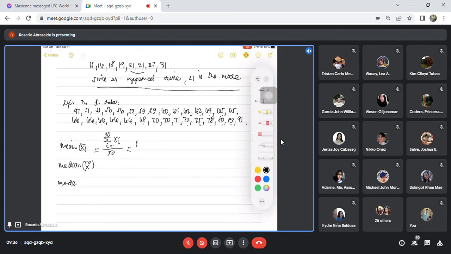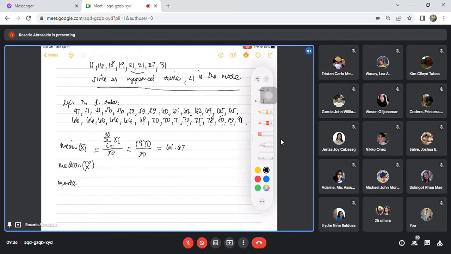Adding together, starting from 47 to 91, class, we get 1,970 over 30. So ang atong mean is 65.67.